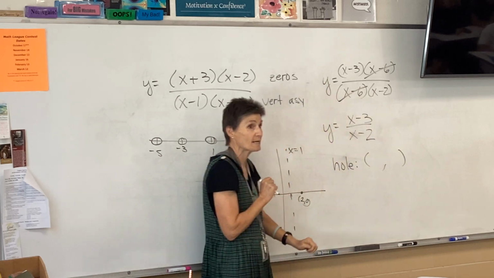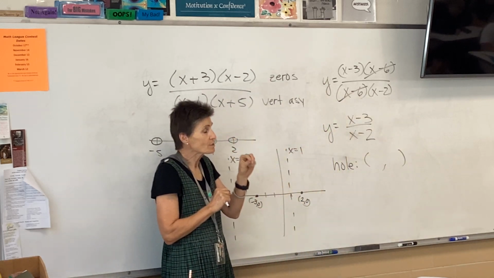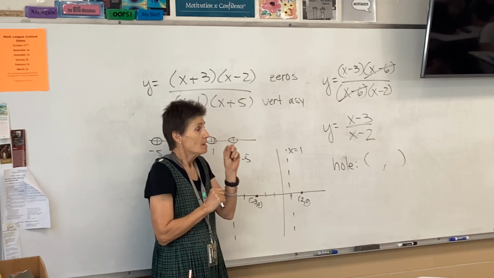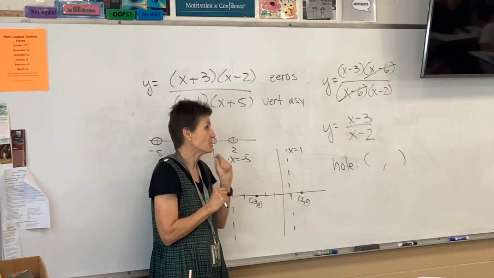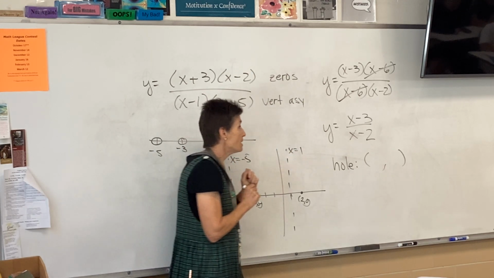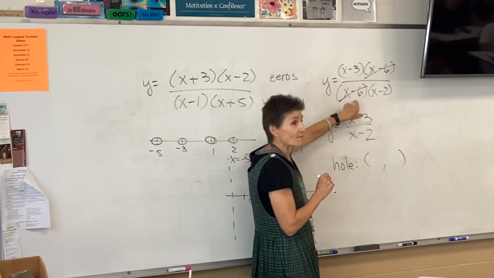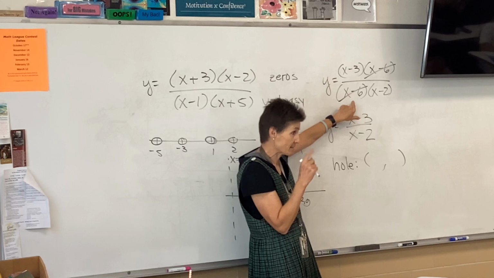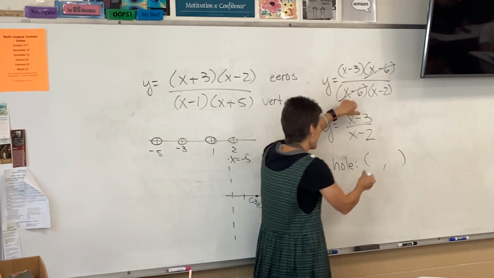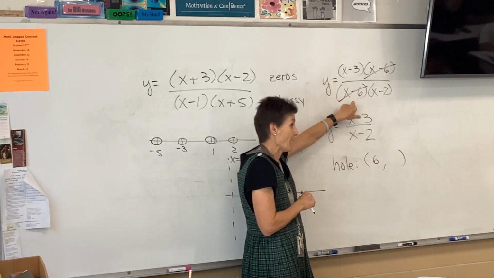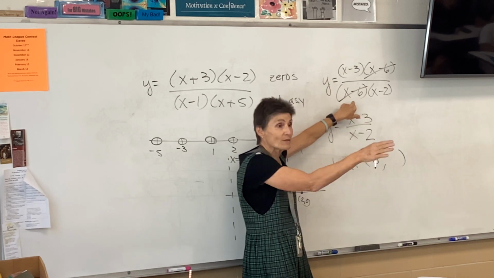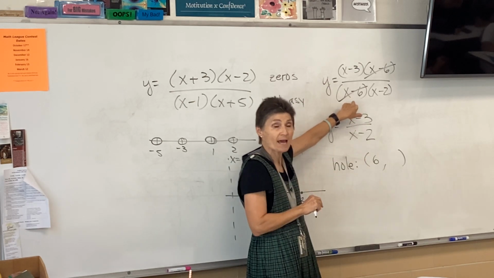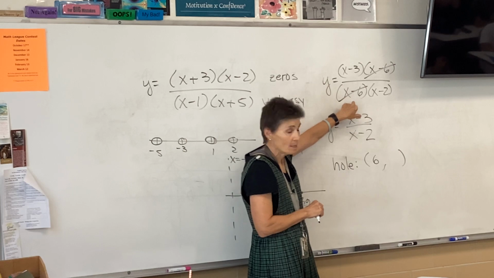Remember talking about holes last year? Holes in your picture come from anything you can cancel out. So, if this would have stayed in the problem, you would have had an asymptote at 6. Well, instead, you're now going to have a hole at 6. Wherever the asymptote would have been, that's the x coordinate of your hole.